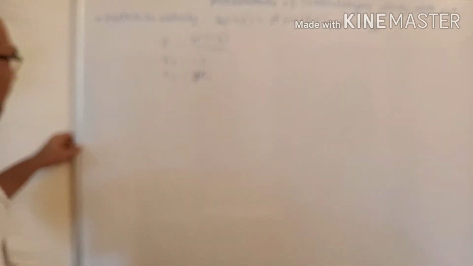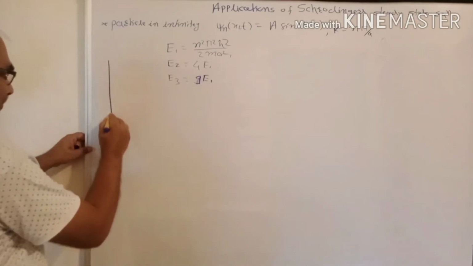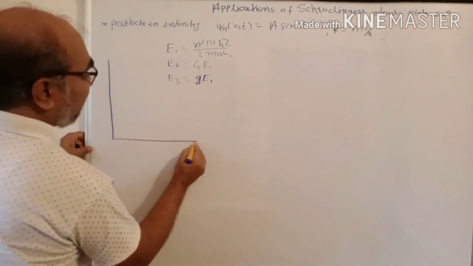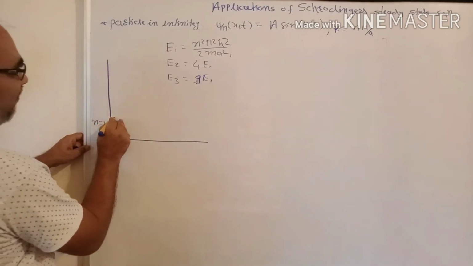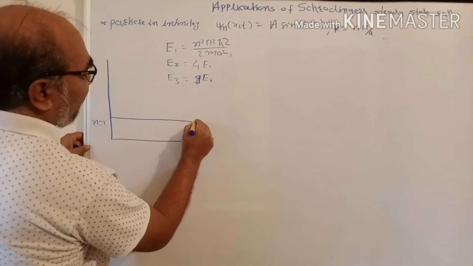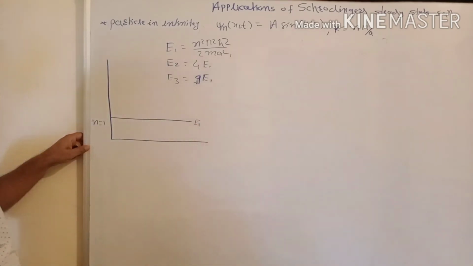And therefore, if you draw the diagram for energy levels, n is equal to 1 is the lowest energy E1.